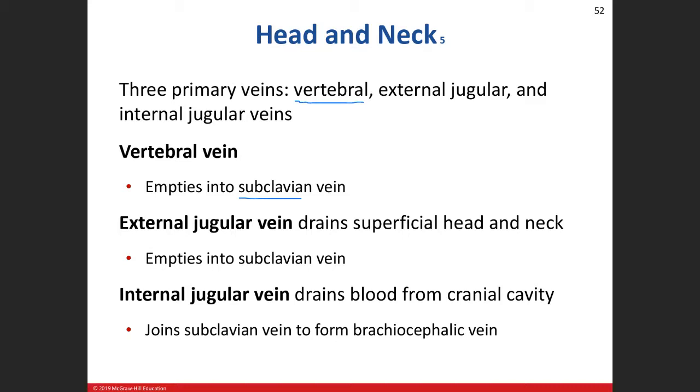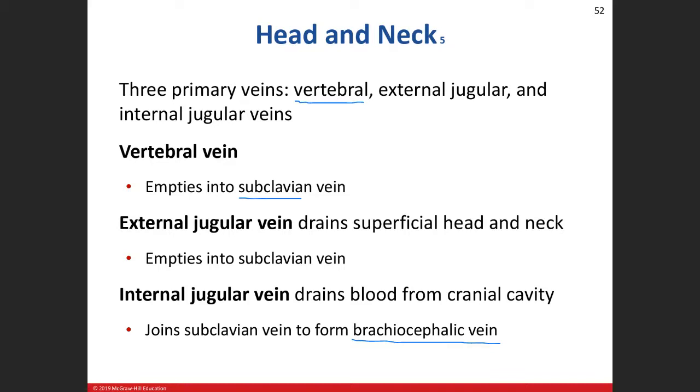Now, also another vein that drains into the subclavian vein is the external jugular vein. The internal jugular vein, which is going to carry most of the blood from the internal portion of the cranial cavity, is going to merge with the subclavian vein to form the brachiocephalic vein.